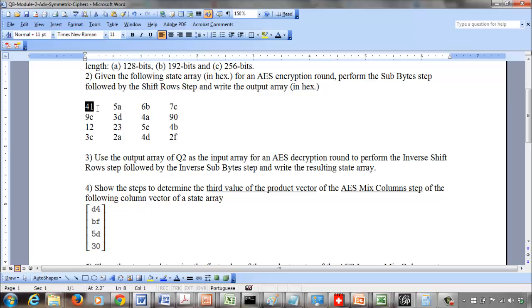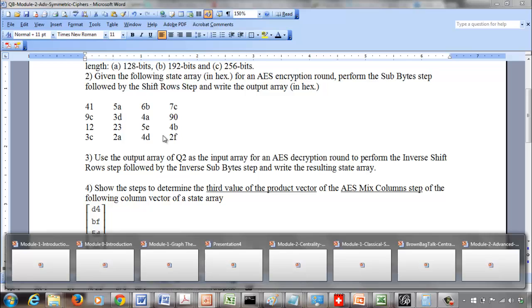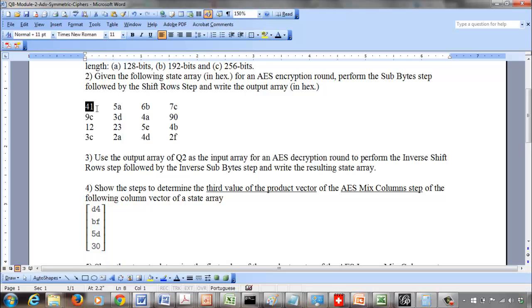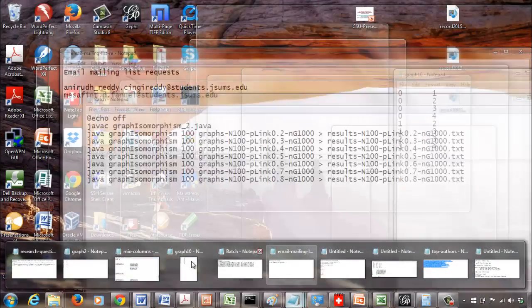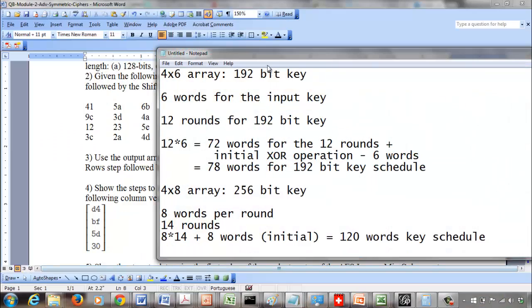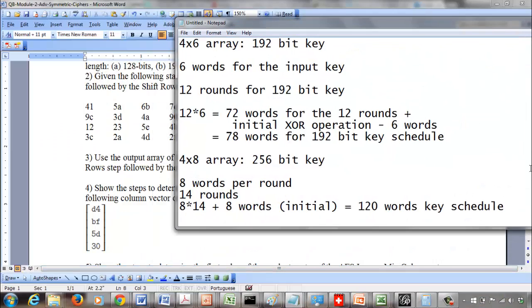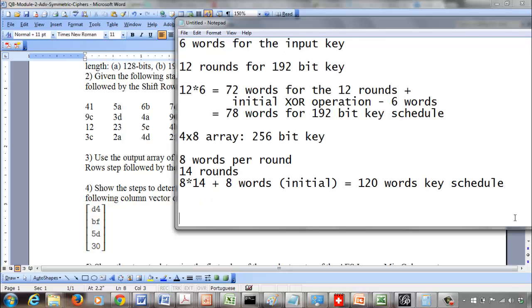If I want to replace or substitute this byte 4-1, all I need to do is look up the table. Now all these values are in hexadecimal, so we have to make sure we convert them into proper decimal values. 4-1 in hexadecimal: each hexadecimal digit can be written as a 4-bit binary word.